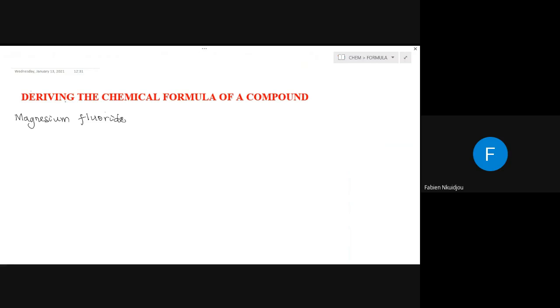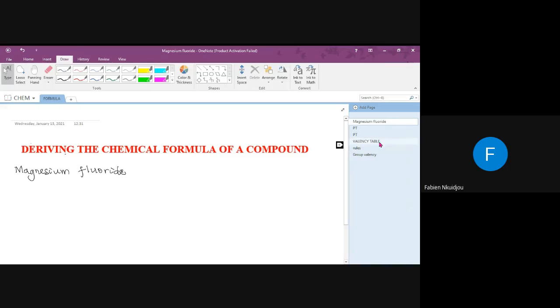So what are the elements? From the name, we can clearly see that magnesium is one of the elements and fluorine is the second element. So we have just two elements, magnesium and fluorine. In case you don't know the chemical symbols of these elements, it is pretty simple. You just need to get to the periodic table and look up the symbols.